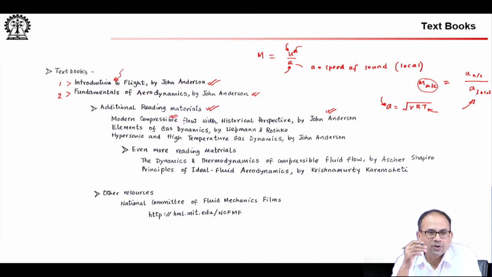Now, why we do this, why instead of the velocity we talk about Mach number, will be introduced in one of our subsequent lectures, but at this point keep in mind that suppose you are an airline operator and you are concerned about how much time it will take for your aircraft to travel from, say, Calcutta or Kolkata to New Delhi.